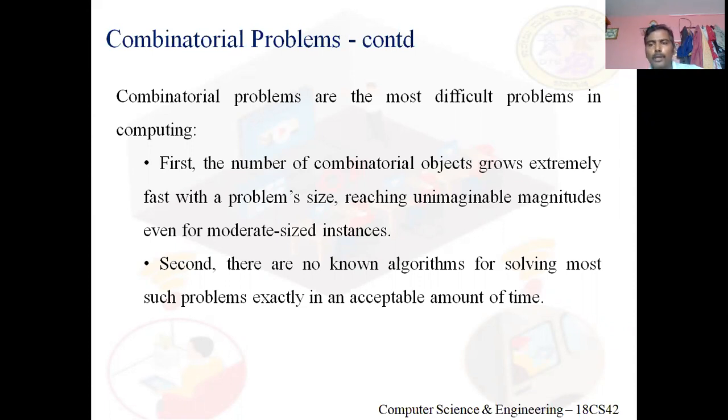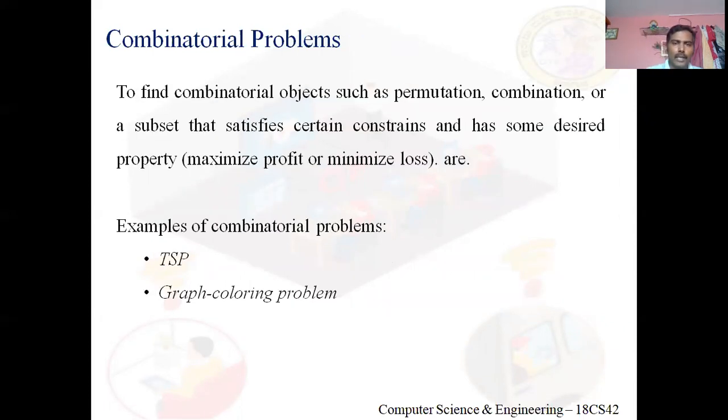So the subset problem is also a combinatorial problem. It's exponential in the worst case. So not only permutation and combination, but a subset problem is also a combinatorial problem.